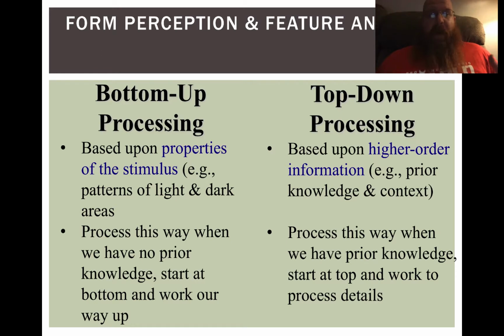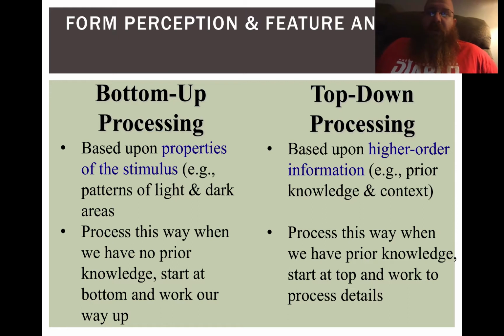We start at the bottom, just the pure, raw stimuli from our neurons, or what causes our neurons to fire, and kind of move our way up as we try to analyze that.